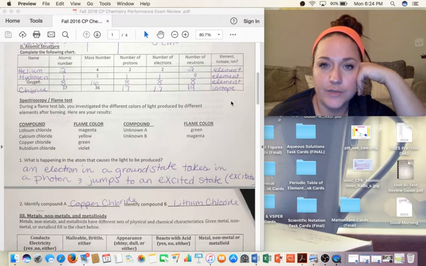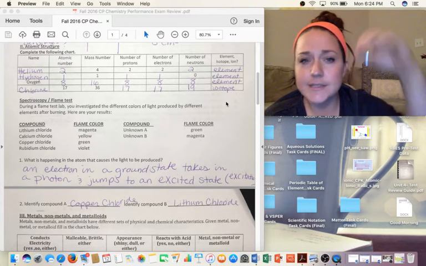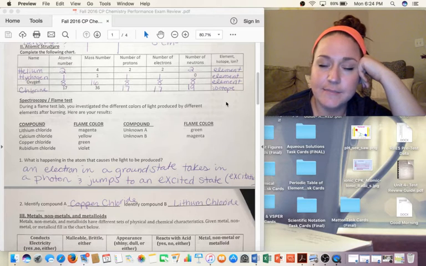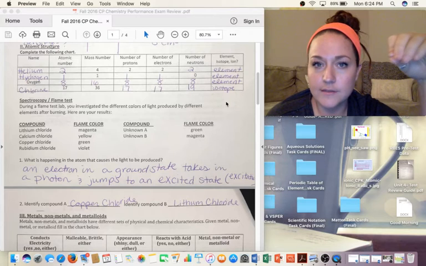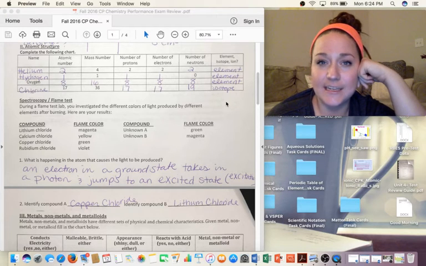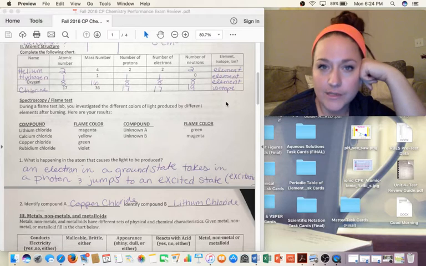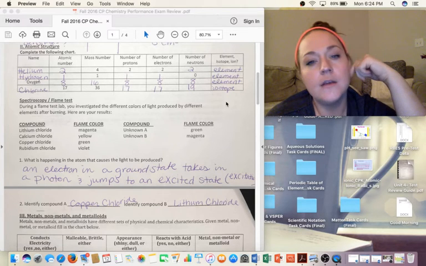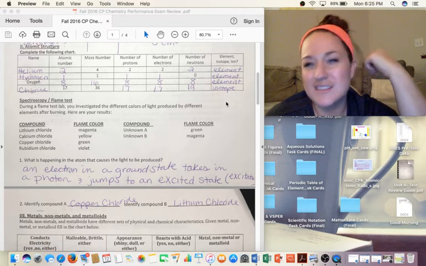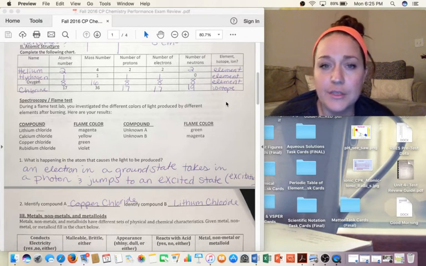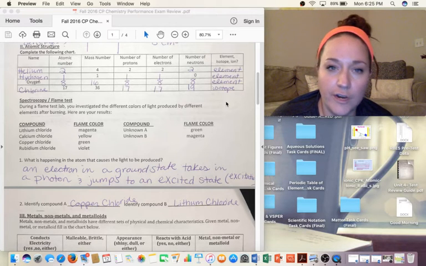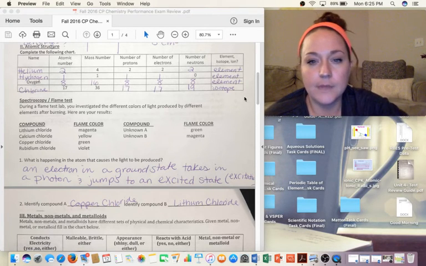So isotopes are just different sizes, meaning that one has an increase of neutrons, but still has the exact same number of protons. Remember that the protons give the element its identity. The neutrons add weight to it, so the atomic mass. So in this case, chlorine does not have an atomic mass of 35. He has a 36. So this is a 36-chlorine isotope. All right.